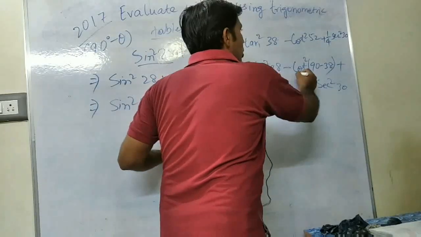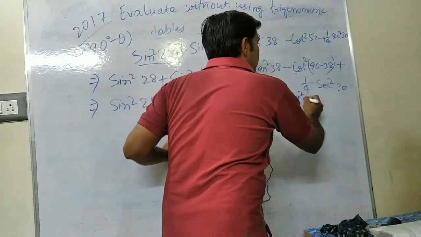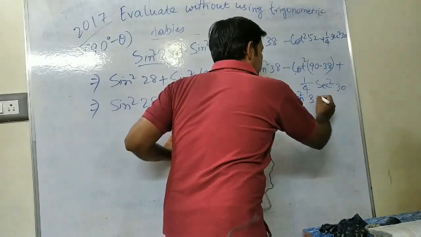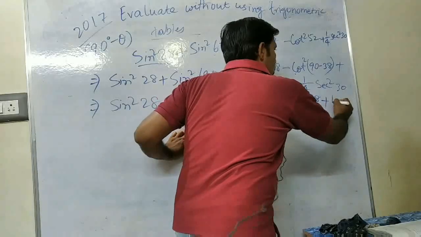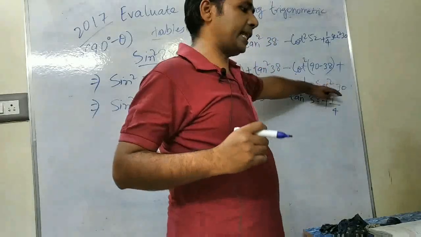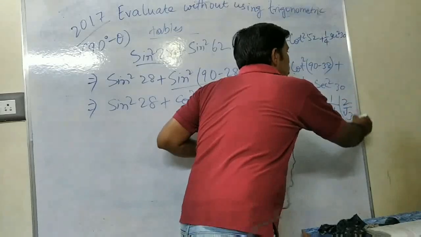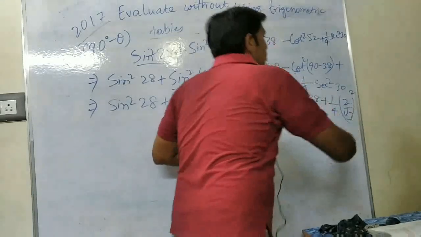So instead of cot square of 90 minus 38 we will write tan square 38, plus 1 by 4. What is the value of sec 30? It is the value 2 by root 3. The square is here, so we will write square.